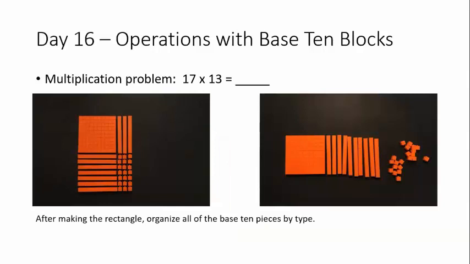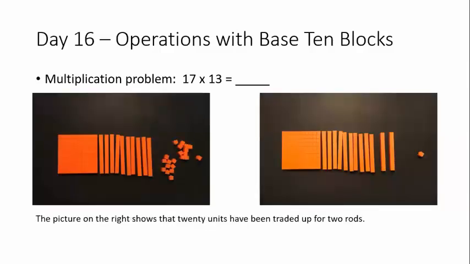The next thing is to trade up as necessary. Since I have 21 units, I can trade 10 units for a rod. You can see in the picture on the right that I have gained 2 more rods because I had 2 groups of 10.